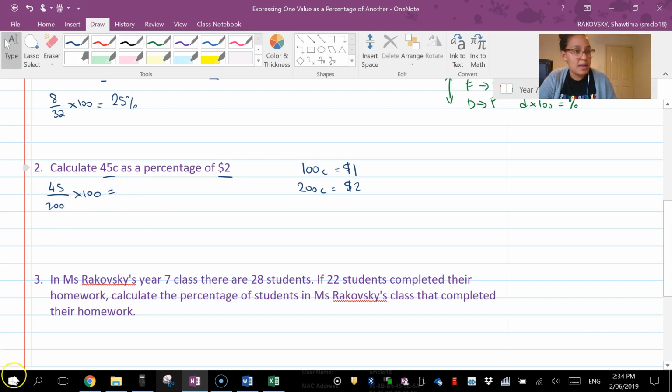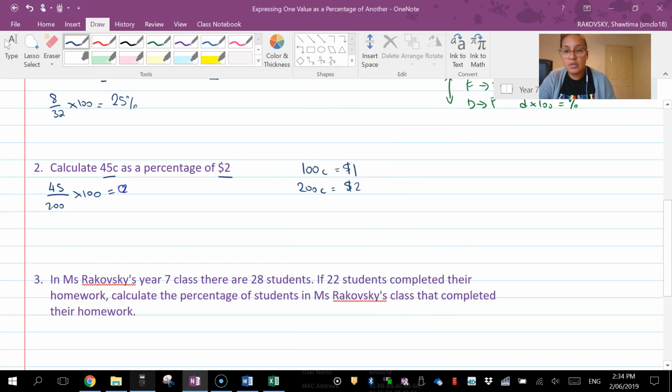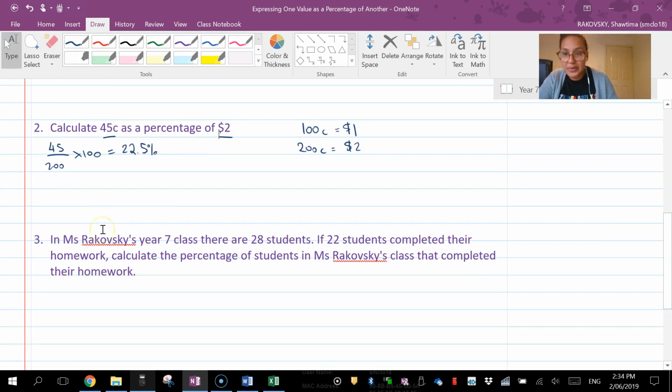And I can't do that in my head on my own, so I'm going to use my handy dandy calculator. 45 divided by 200 equals, there you go. And then putting the decimal 2 places to the right, 1, 2, that gives us 22.5%. So 45 cents of $2 is 22.5% of that value.